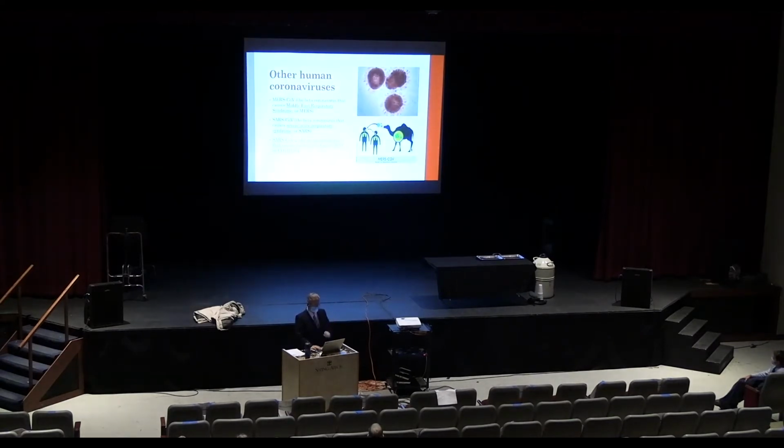These 3 right here are not as well known to us because they're more recent. All 3 of these come from animals. So we call these zoonotic infections. They jumped from animals to humans. So there's the Middle East respiratory syndrome virus, MERS, and that infection, fortunately, never got very far out of the Middle East.